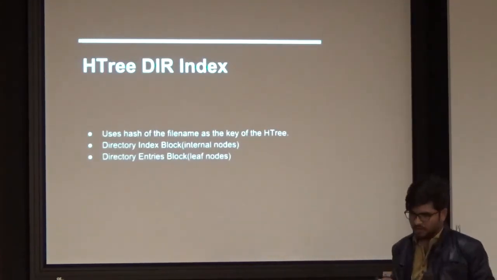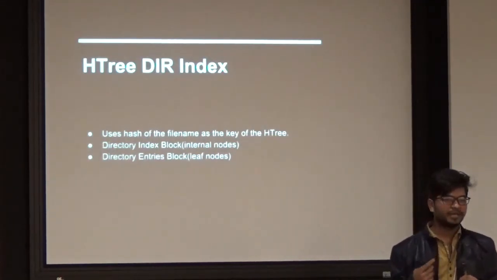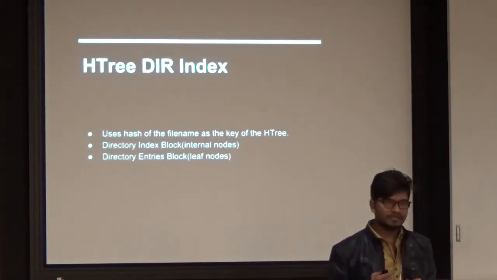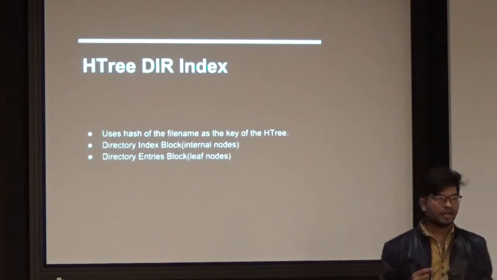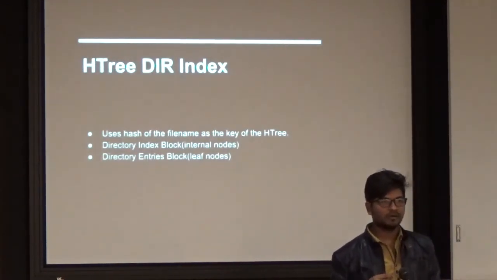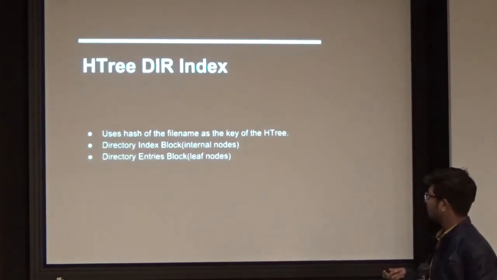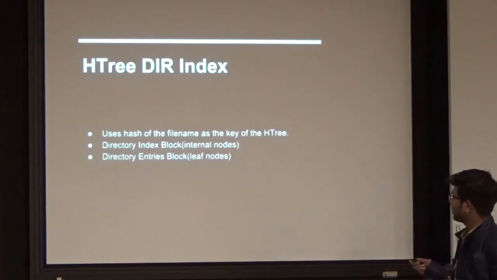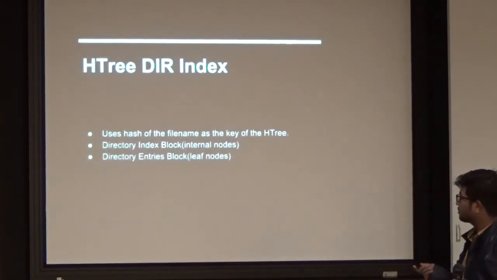And the H tree is basically a B tree, and the keys for that tree are the hash of the file names. So for any file name, we'll first calculate the hash value of that, and then from that hash we will create the H tree, with the key as the hash values.